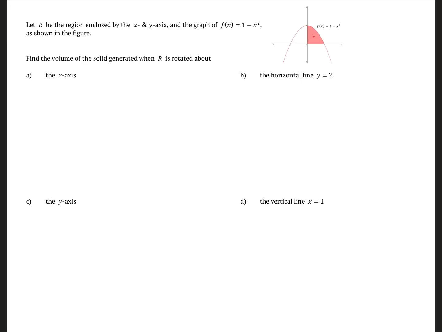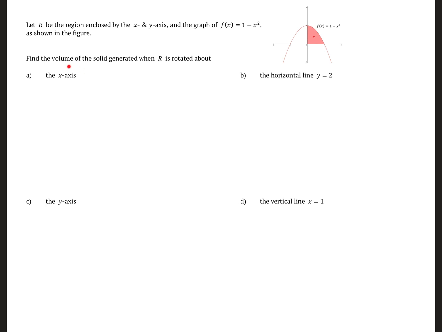The last problems were problems where they describe the volume by really just describing the cross sections that you'd get for that solid. These are going to be volumes that you get by taking some shaded region and rotating it around a horizontal or vertical line. Usually if it's a horizontal line, it'll be the x-axis, and the x-axis and other horizontal lines work the same way.